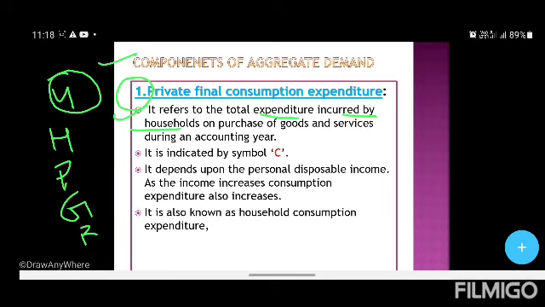Therefore, the total expenditure incurred by the household sector on the goods and services is called the consumption expenditure, the private final consumption expenditure.